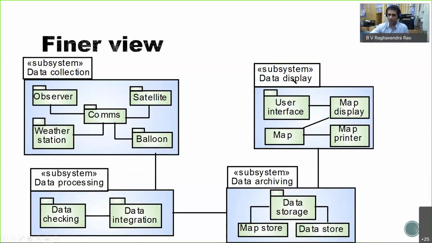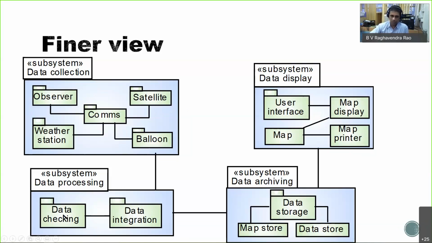Data display will consist of a user interface, a map display, and maybe a map printer, all of which are identified objects. The user interface object interacts with the display object, and the map interacts with the map display as well as the map printer. Their purpose is basically to store maybe a weather map, and the user interface is basically to interact with the user.